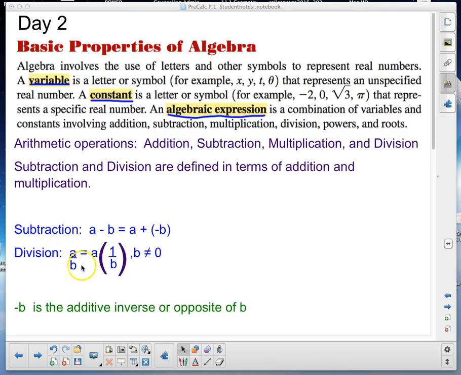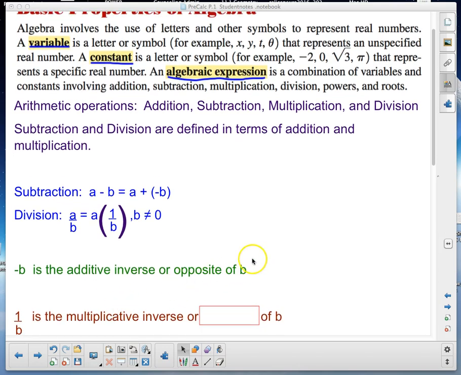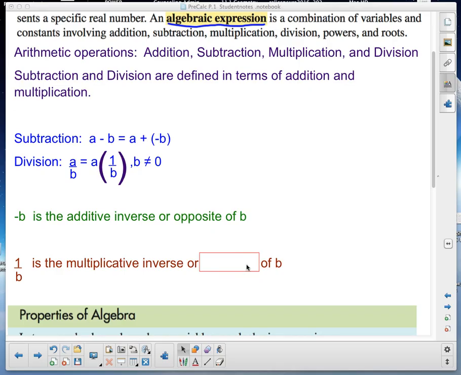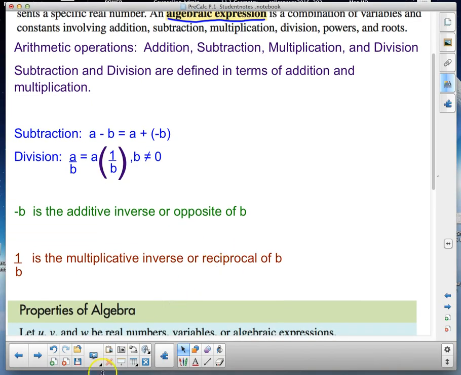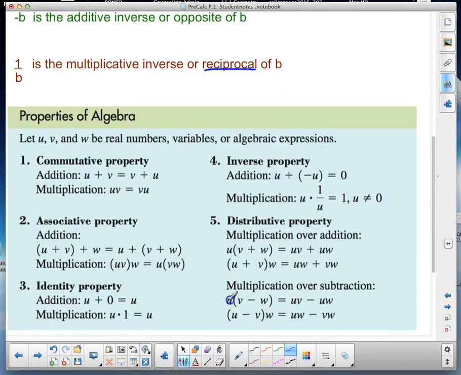Division, a divided by b, is equal to a times 1 over b, where b is not 0. Now, the opposite of b is the additive inverse of b. One over b is the multiplicative inverse, or the reciprocal of b. Let's get that underlined. That's what you're filling in right there, reciprocal of b.